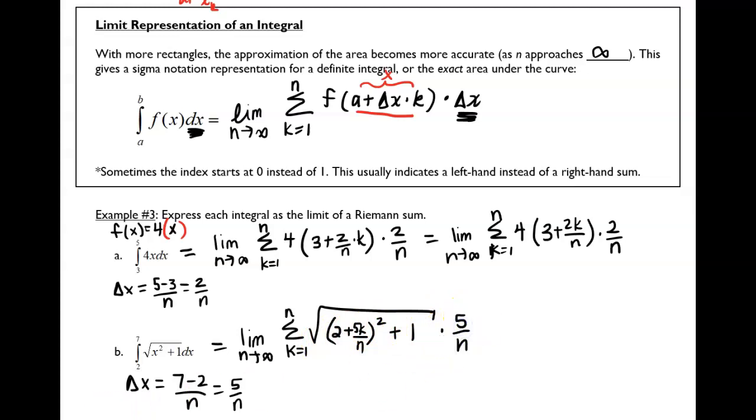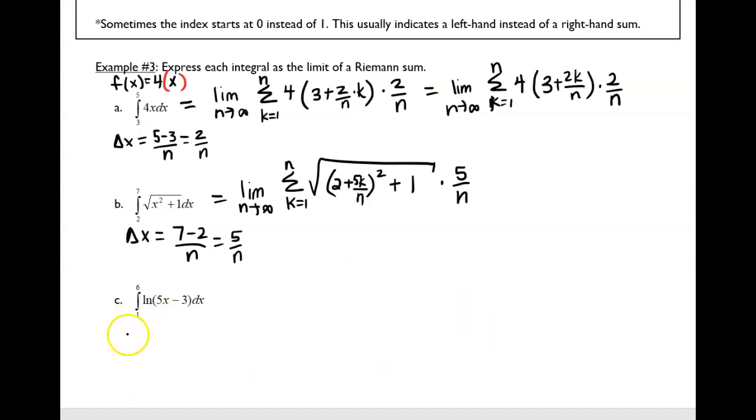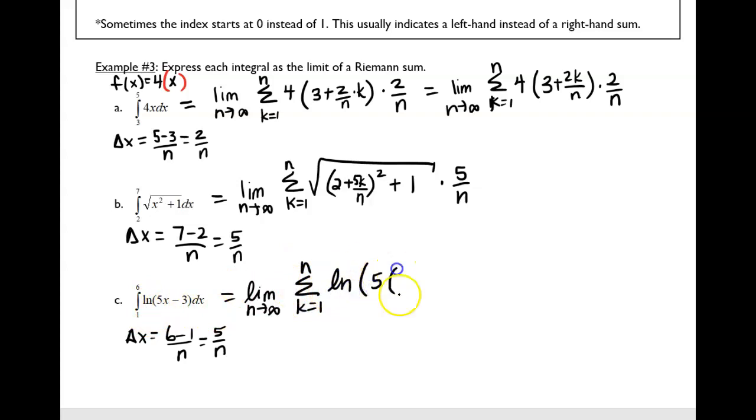Last one, part C, we're going to calculate our delta x again. We have the integral from 1 to 6 here. So 6 minus 1 over n is 5 over n. So we'll take the limit as n approaches infinity of the sum of k equals 1 to n. Now, again, I'm going to rewrite my function, natural log of 5 times something.